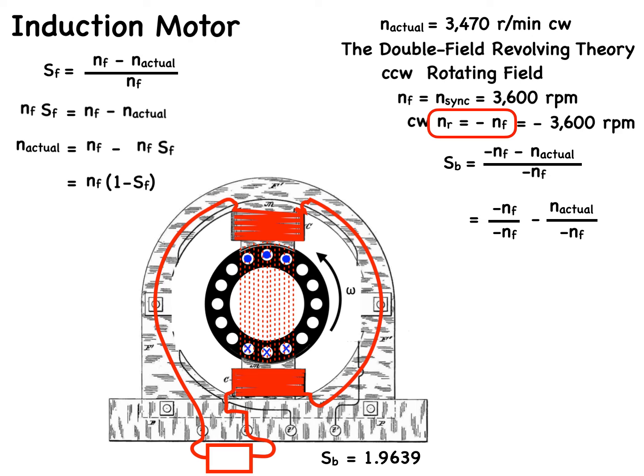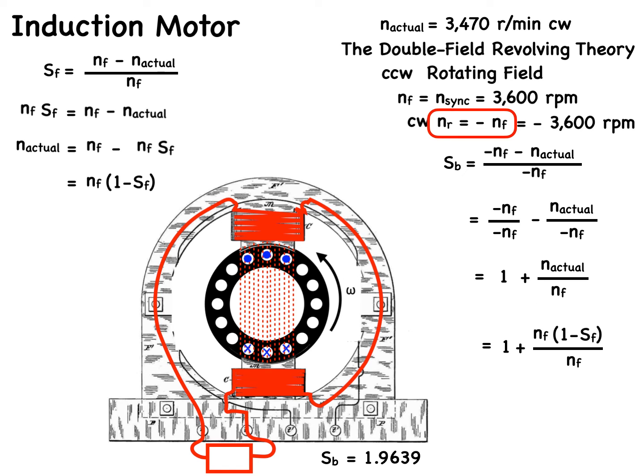The fraction on the left can be replaced by 1 because the numerator is identical to the denominator. I am now going to replace the rotor speed n actual with that which we have already calculated, NF times the quantity 1 minus SF.